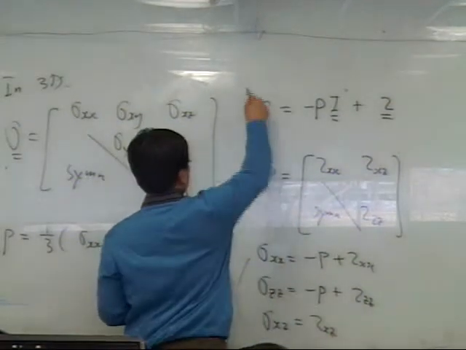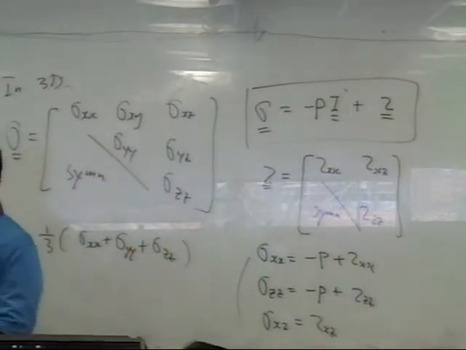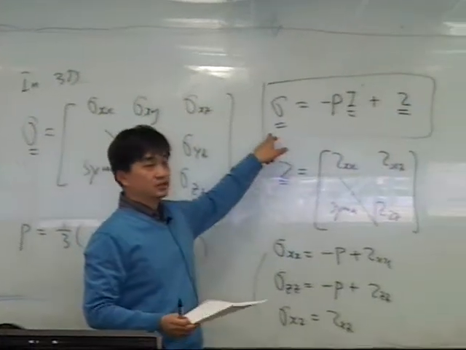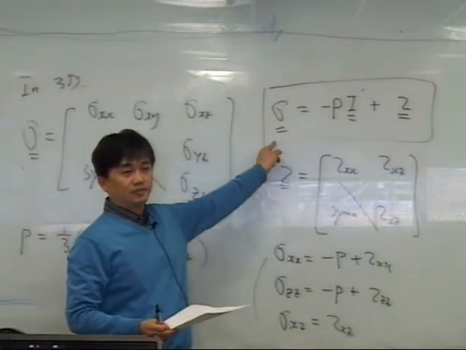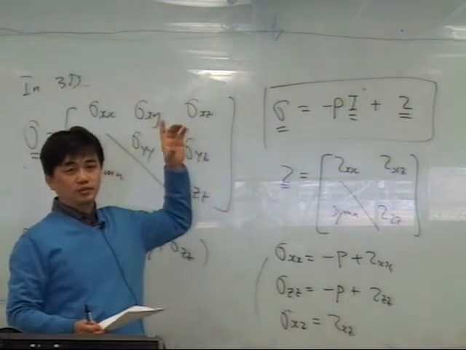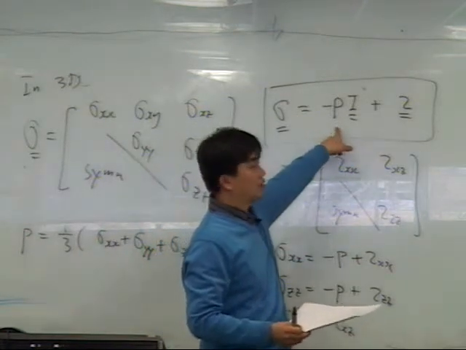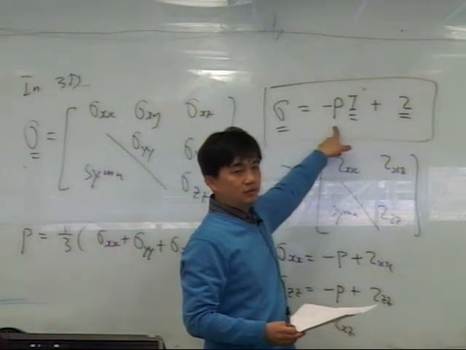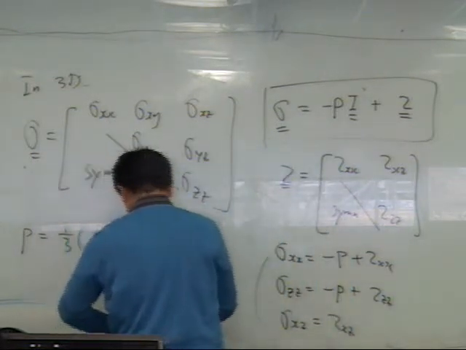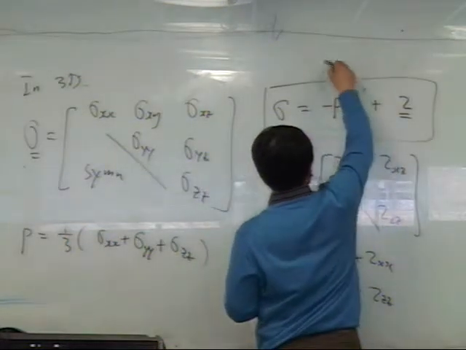Okay, so this is a very important equation. Actually, we have exactly the same equation for solid mechanics. So our stress, the pressure acting on the surface of the cube, can be divided into two parts. The first one is the hydrostatic part, the hydrostatic pressure.